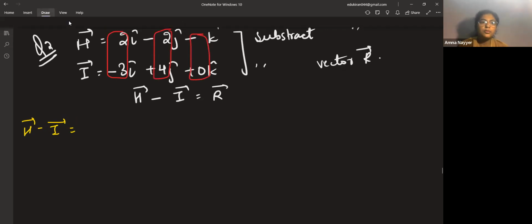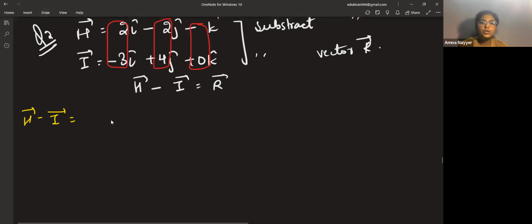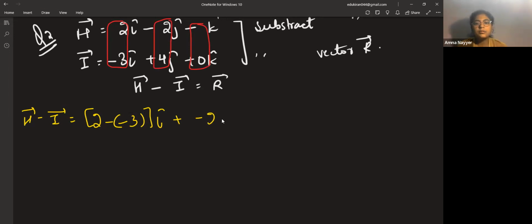This is how we have to subtract them. So this becomes 2 minus, this is minus 3, i cap, plus minus 2 minus this is 4, j cap, plus minus 1 minus this is 0, k cap.